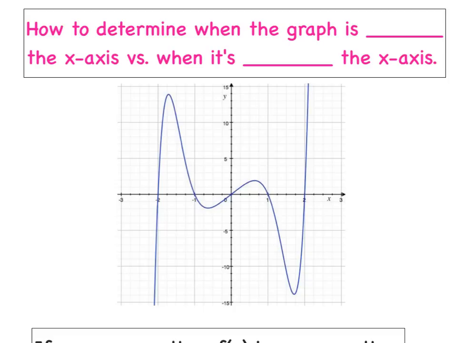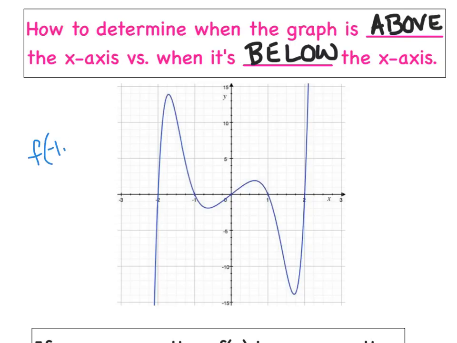So now let's focus on how we're going to determine when the graph is above versus when it is below the x-axis. Here's what I'm thinking. For instance, let's pick a point here. Maybe I'm going to pick -1.5. So I want to evaluate f of -1.5. Notice the x coordinate is right here.